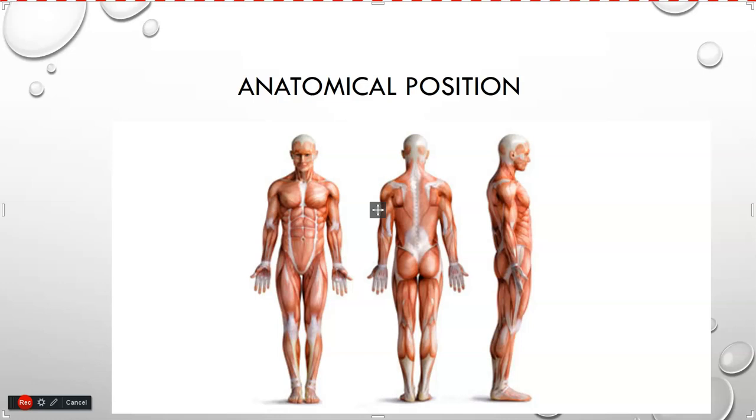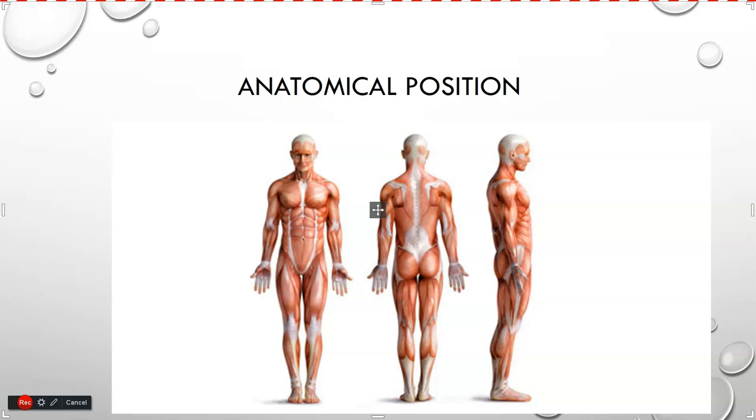So if I'm telling you that the thumb lies lateral to the first finger, even though that hand you're looking at may be in a different position in front of you, the relationship between those two structures is still based upon the anatomical position.